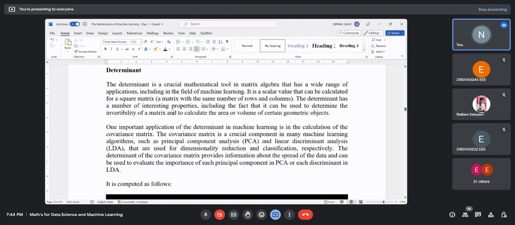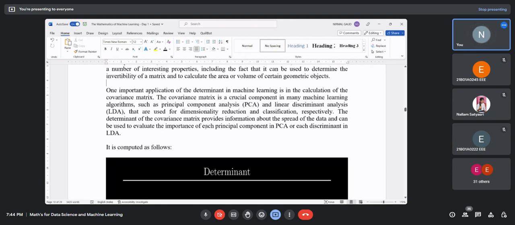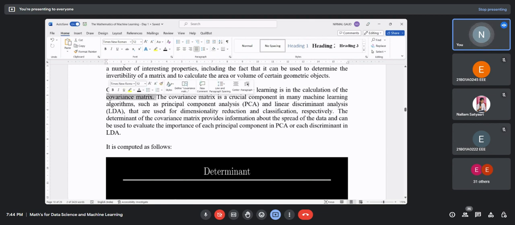So the determinant has a number of interesting properties, and it is very important. The most important application of the determinant in ML is the calculation of a covariance matrix, again very important. Why?